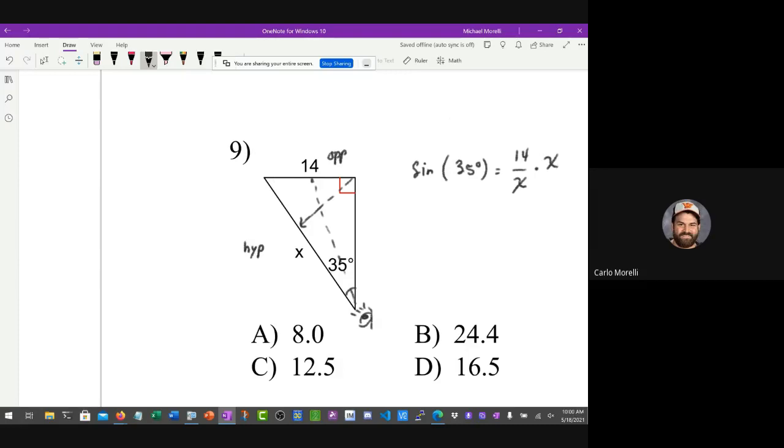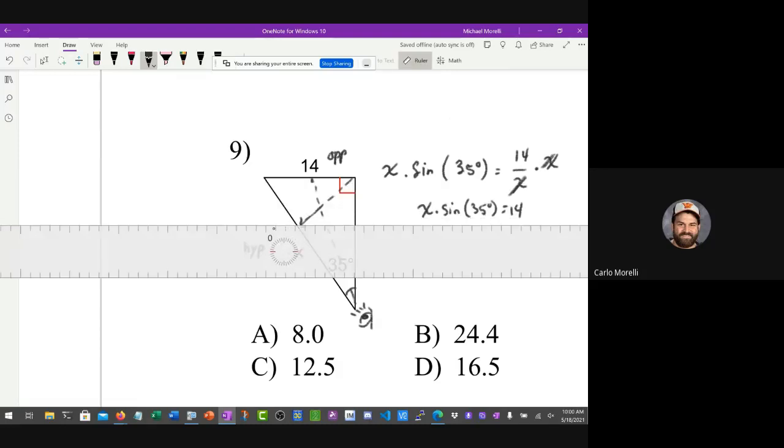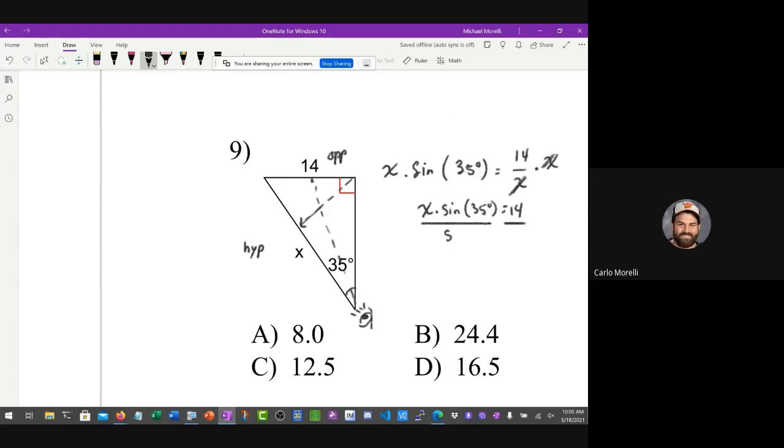So I'm going to multiply both sides by x. And I'll have x times the sine of 35 degrees equals 14. Then I'm going to divide both sides by the sine of 35 degrees.